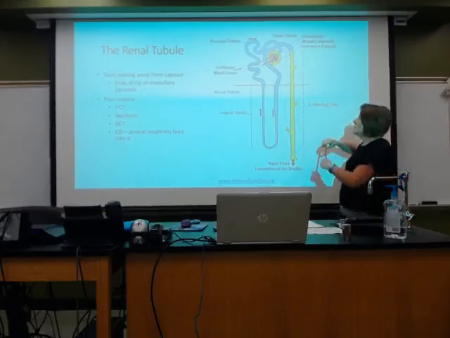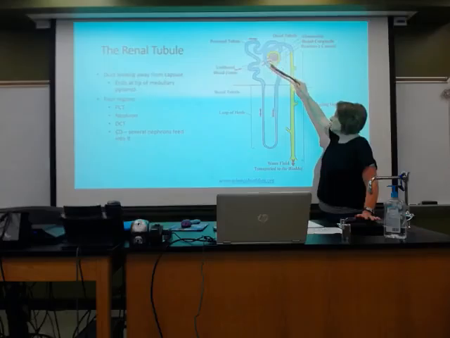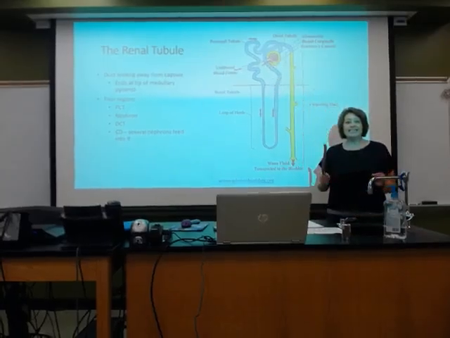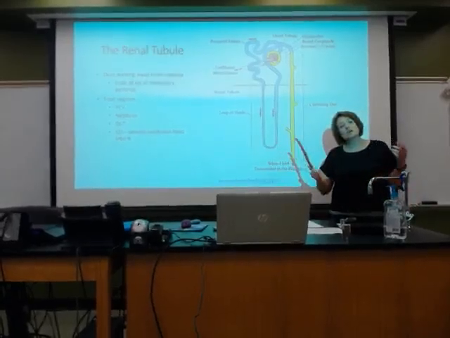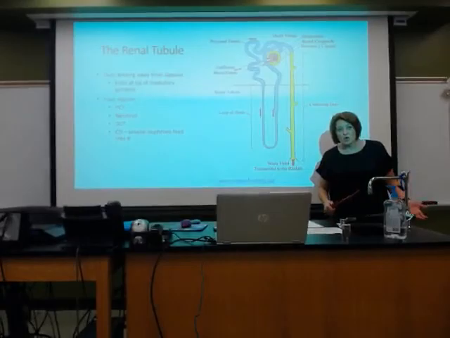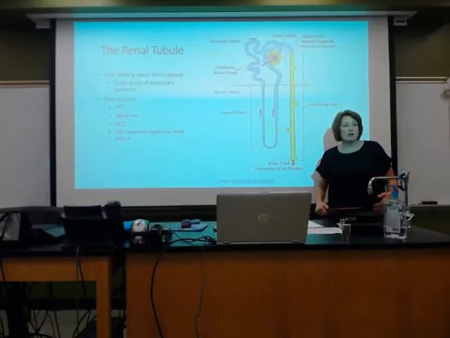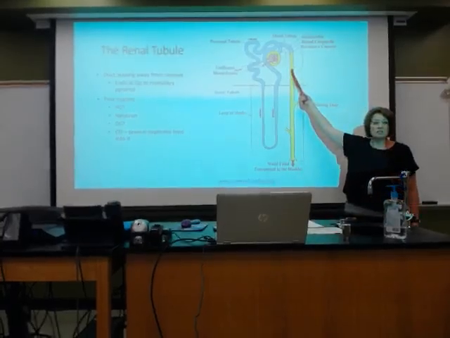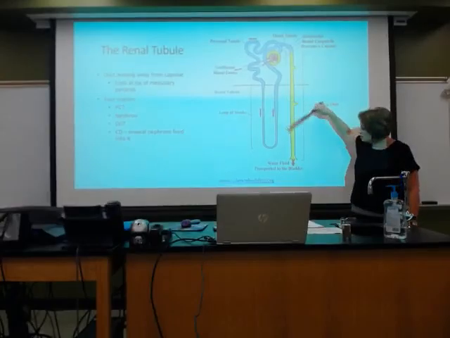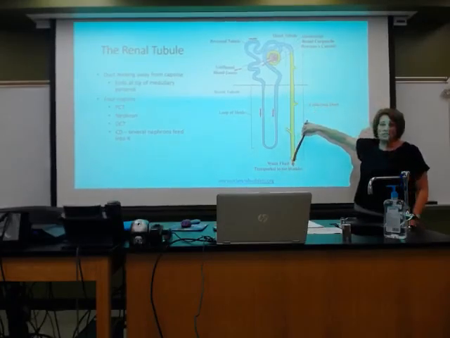Now, the goal is that at each region of this tube, some type of filtration occurs. We're either going to pick something up or return something, and make our way to this collecting duct, which makes its way into the renal pelvis area.